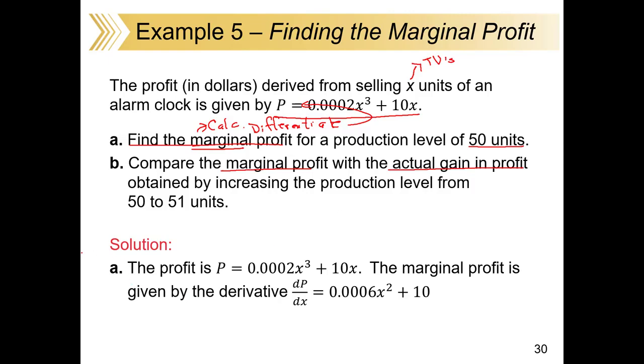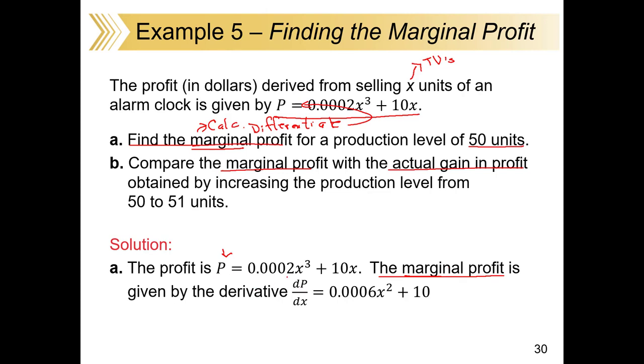So first of all, you're going to take that profit function, the profit function we had above. The marginal profit is given by the derivative. Good news, whether you're finding the marginal profit, revenue, or cost, you're going to take the derivative just like we're doing with the profit.